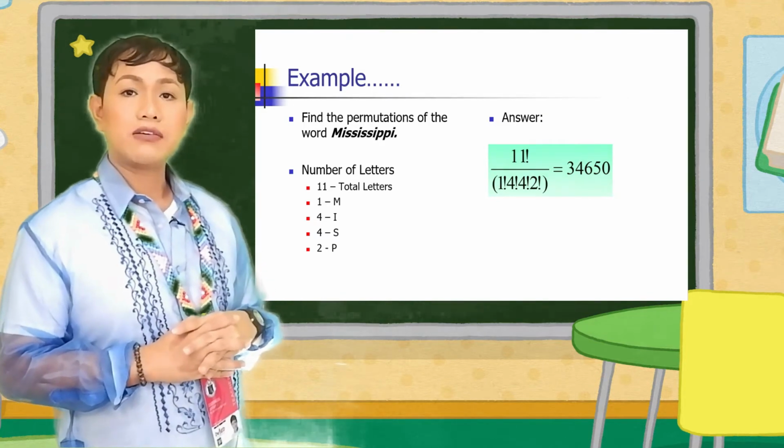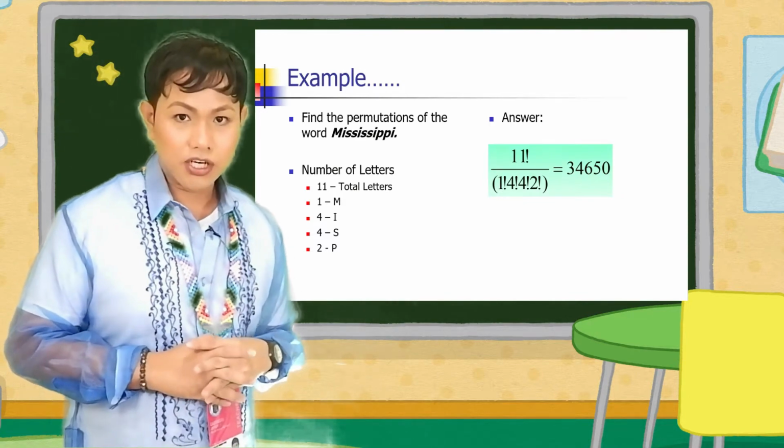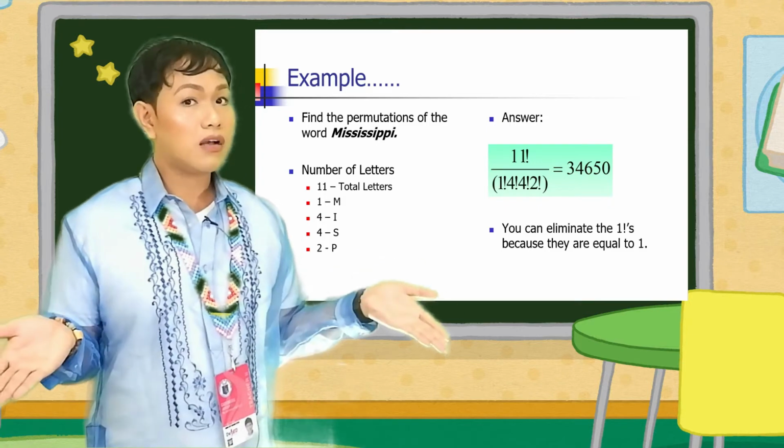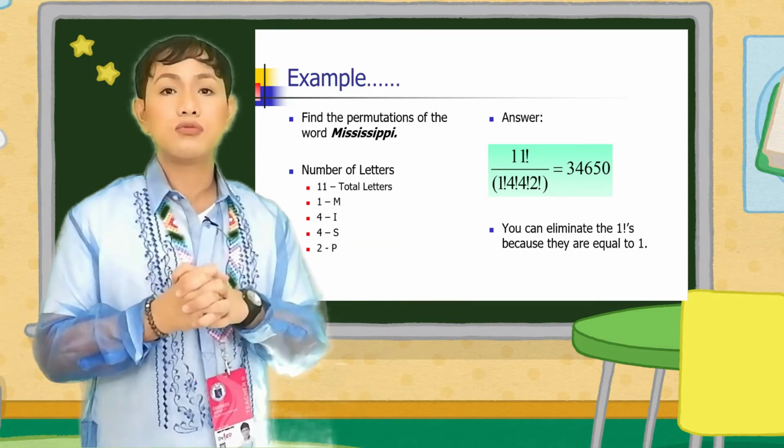Again, 34,650 is the answer. You can eliminate the 1 factorials simply because they are just but equal to 1.